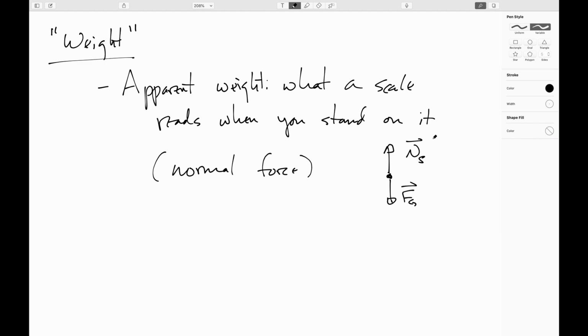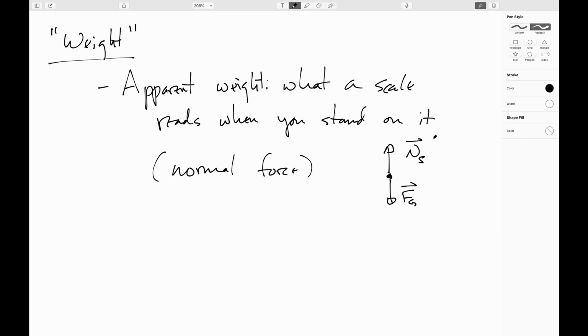For instance, let's say you got into an elevator with a scale and you pressed a floor to go up, and the elevator started accelerating up. First it'll accelerate up, and then it'll get to a constant speed. Now when it accelerates up, in order for you to accelerate up with the elevator, the scale is going to have to push on you harder than gravity is pulling down on you so that you can accelerate up.